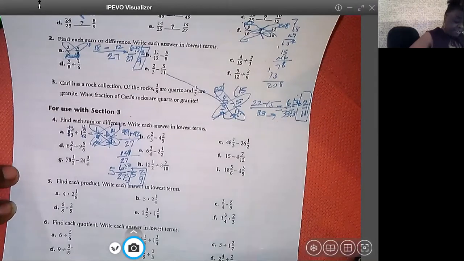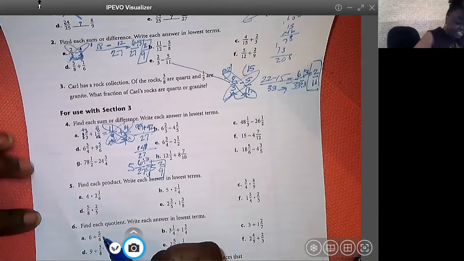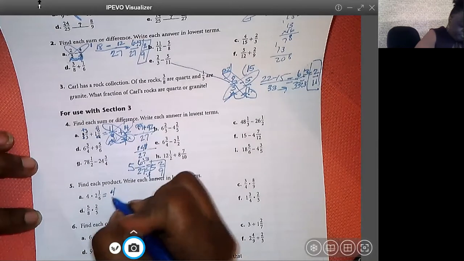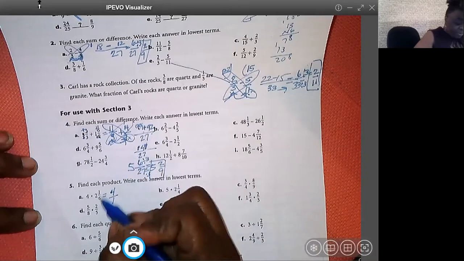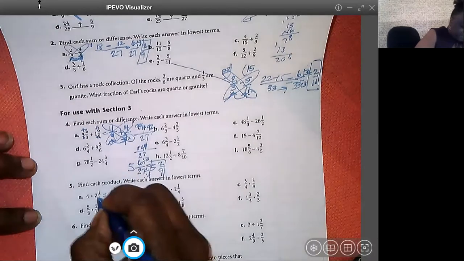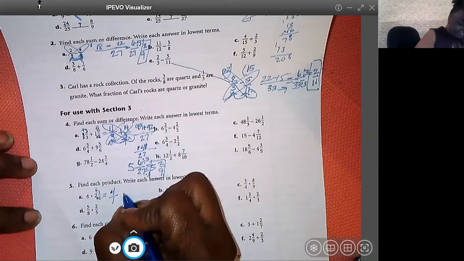So now let's look at multiplying fractions. In multiplying fractions, you put them in improper fractions. 6 times 2 is 12, plus 1 is 13. You keep your denominator.